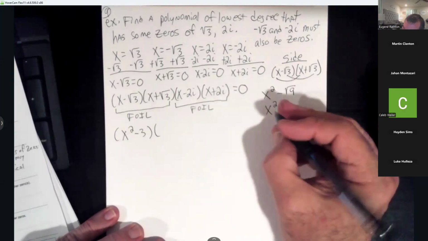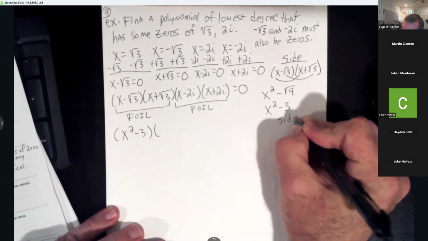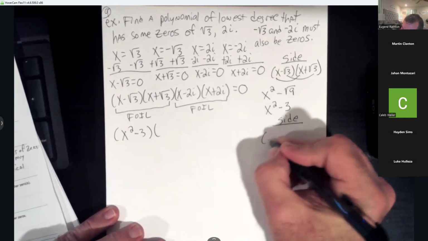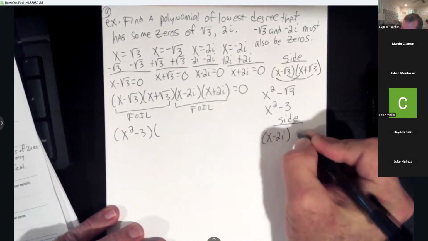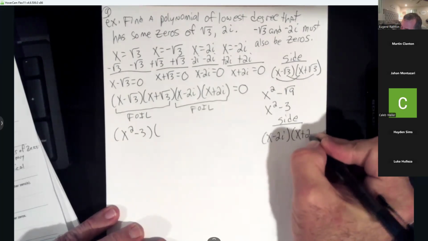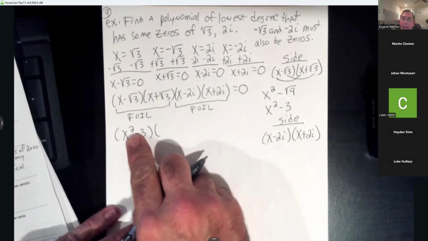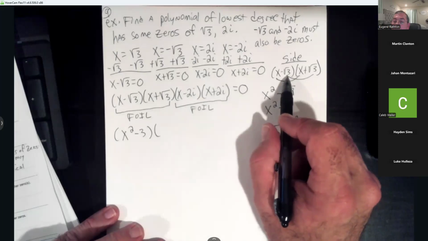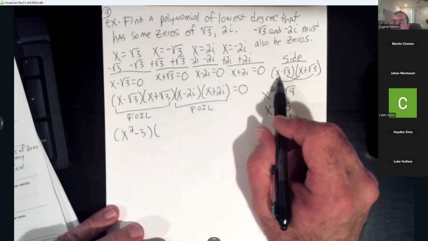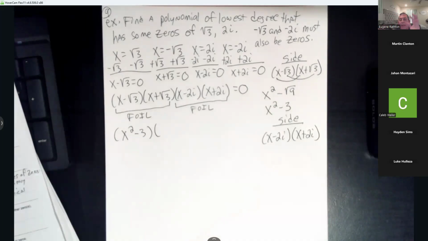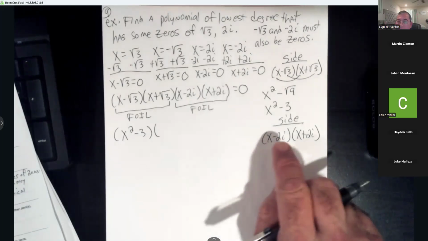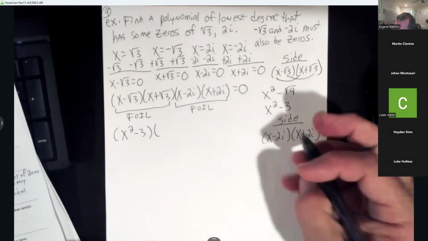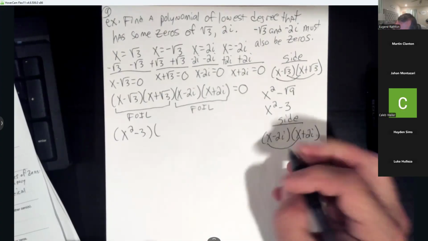Now let's FOIL this. x minus 2i, x plus 2i. Now, you'd have gotten the same thing if you FOILed this all the way out. But like I said, the negative square root of 3x and the square root of 3x are going to cancel every time. Just like this one, I can shortcut it. x times x is x squared.